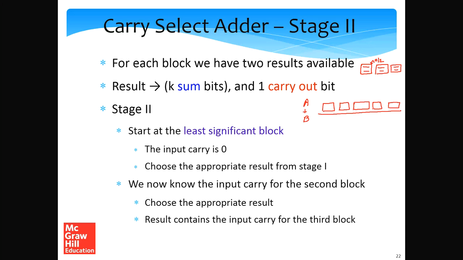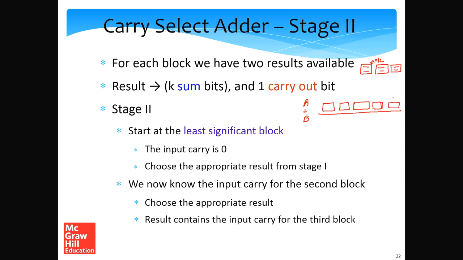And they are supposed to be equal size rectangles, sorry. So in stage 1, what have we done? For each block we have done the addition, assuming an input carry of 0 and an input carry of 1, so we have 2 results.